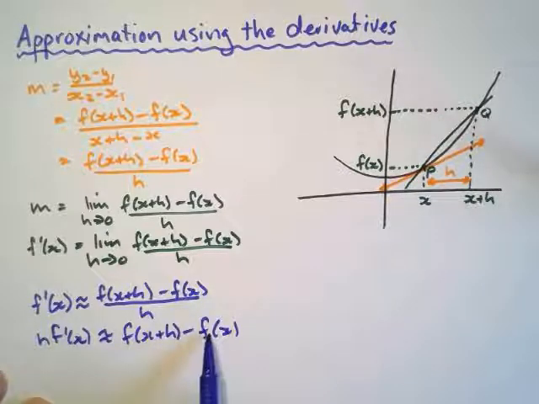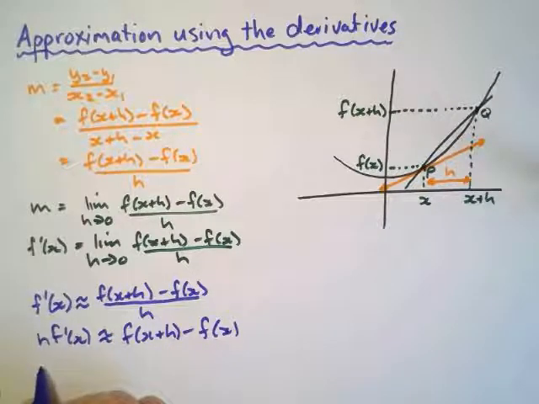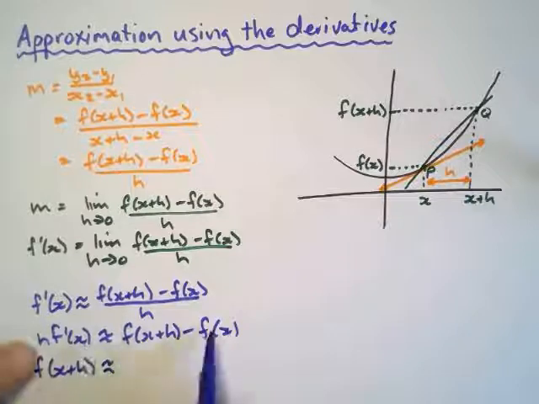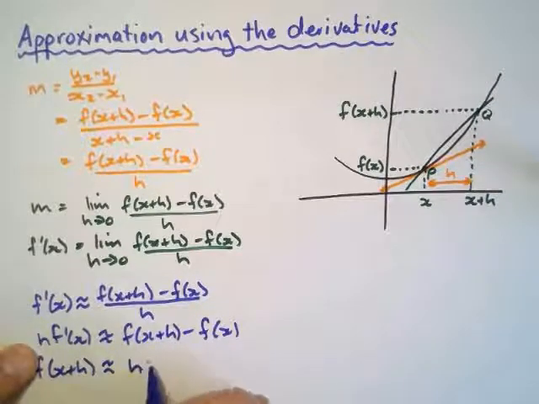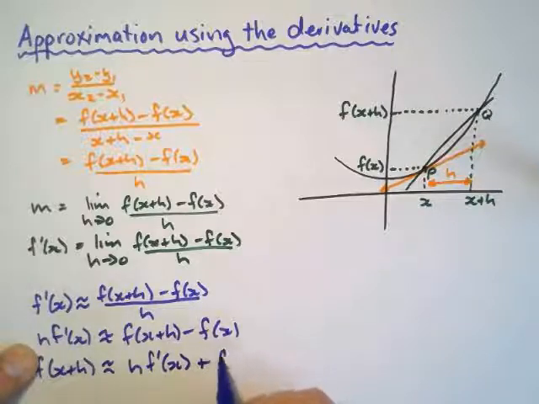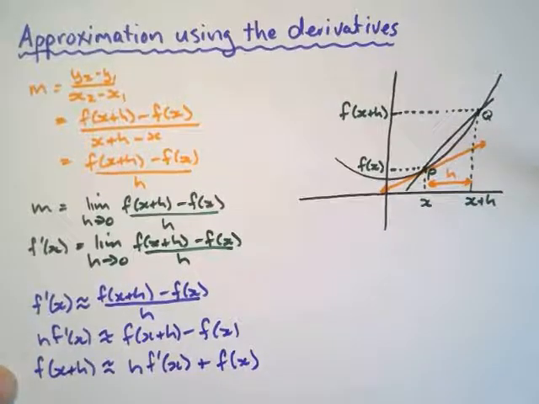So I'm going to take negative f(x) to the other side. It becomes plus f(x), and I'm going to swap the two sides. It becomes f(x plus h). And I'm going to bring this over. It becomes positive. So it's h times the derivative of f(x) plus f(x). Okay.